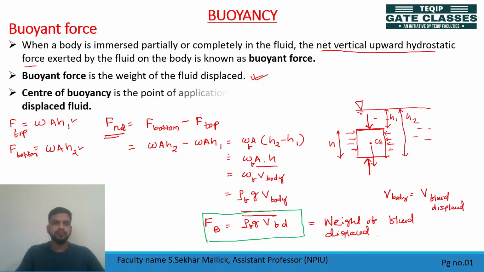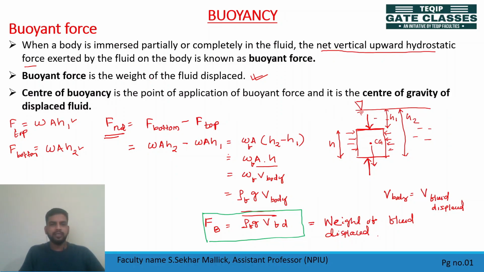Now see the center of buoyancy, that means the point of application of buoyant force. The buoyant force is located at the center of buoyancy, and it is the center of gravity of the displaced fluid. We will see here how much fluid is displaced.